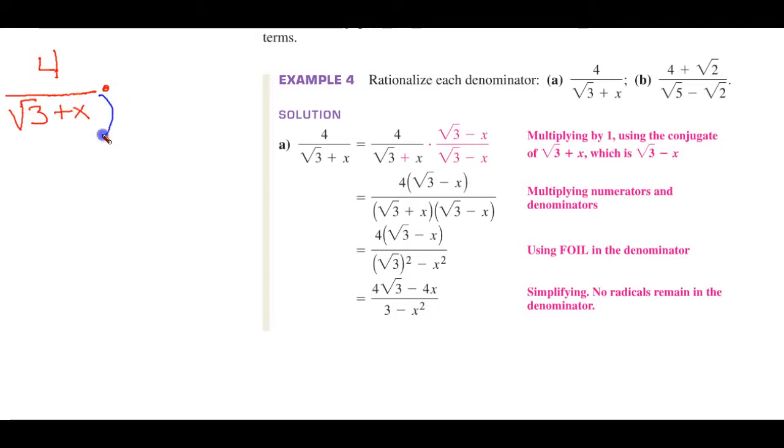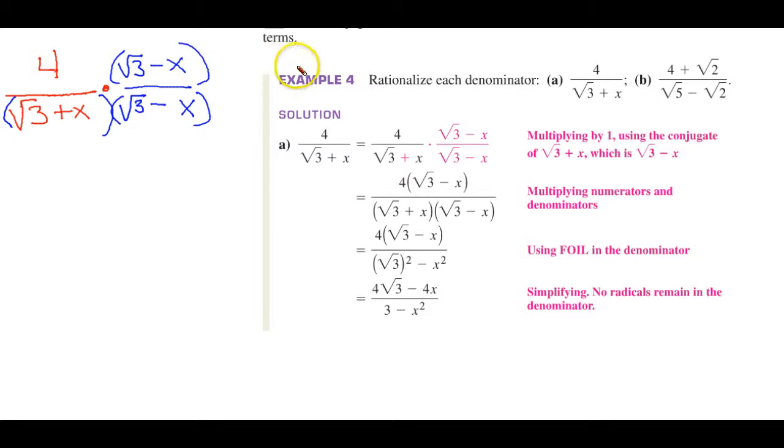But the 1 that we choose will be the conjugate of our denominator if we are rationalizing denominators. So, same sign, or same term, but now opposite signs.